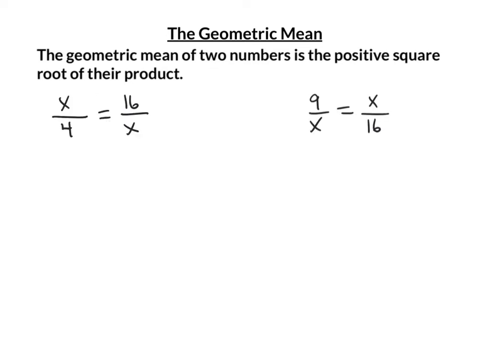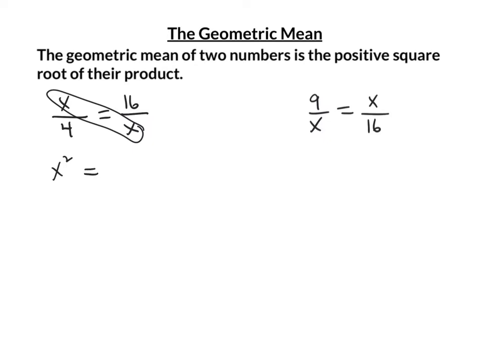The geometric mean is what you get when you solve a proportion that has x's in one of the diagonals. Let me show you what I mean. If I were to solve for x in this first one, x over 4 equals 16 over x, I would cross multiply. X times x is x squared.